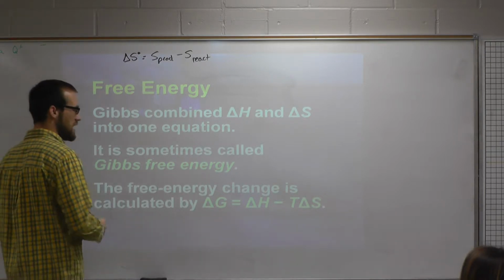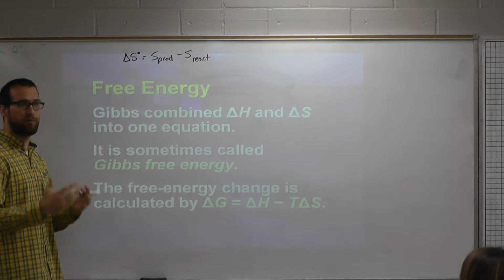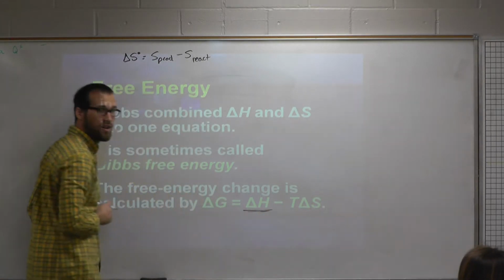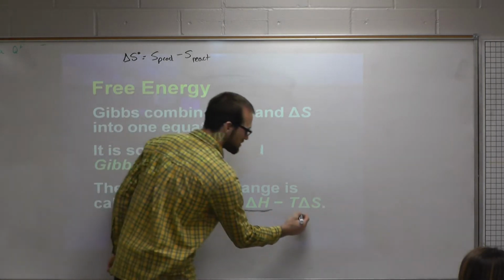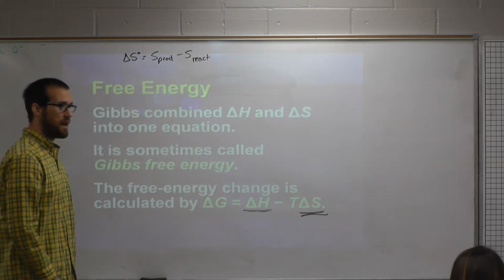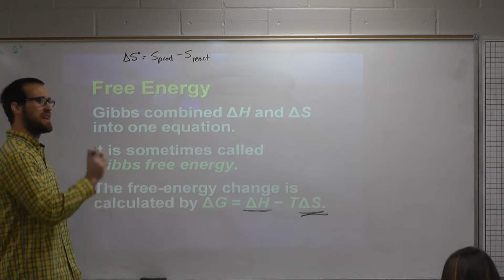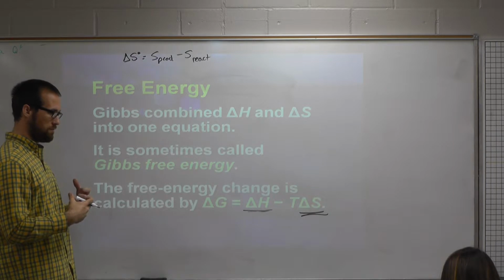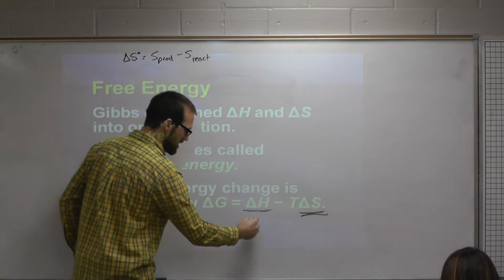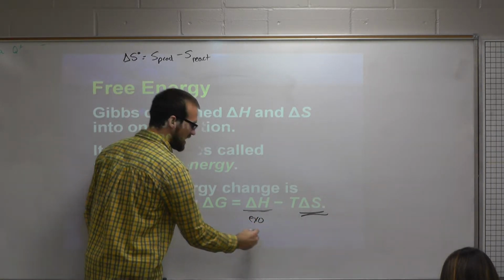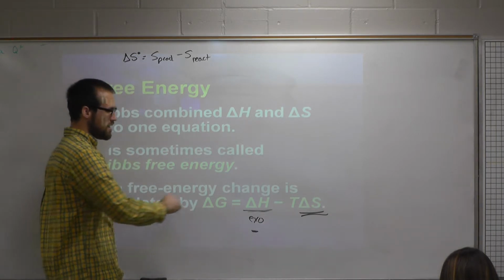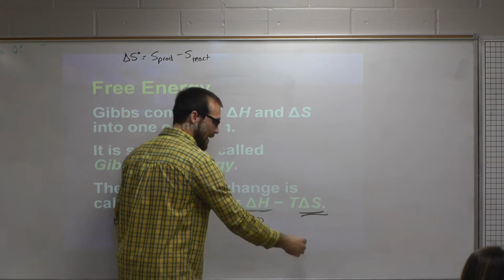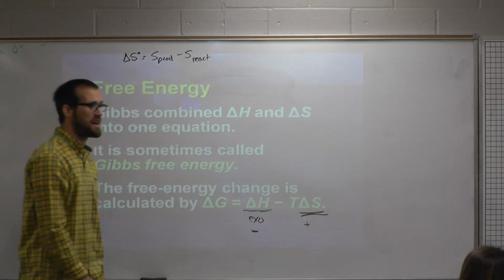He came up with an equation that took the two things that are important for discovering favorability. Isn't this going to tell us exo or endo? No. And isn't this going to tell us order or disorder? So, he put an equation together that puts both those factors in. Because if this is exo, we know that it's negative, right? And if this is more disordered, it's probably going to be a positive change in S, correct?